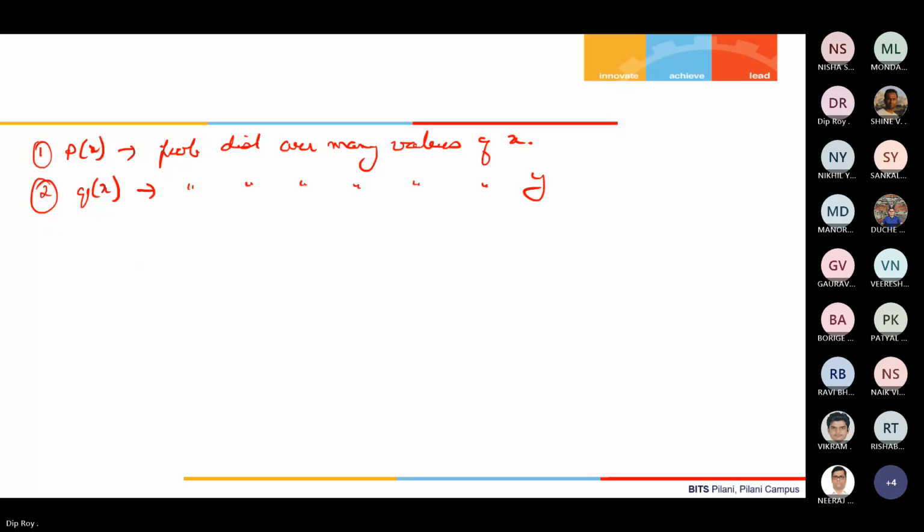Now consider that the probability mass of P is spread across multiple locations.